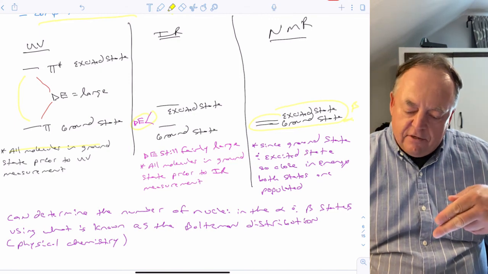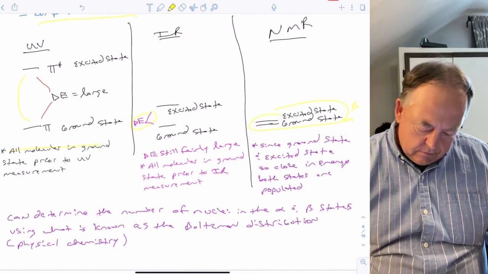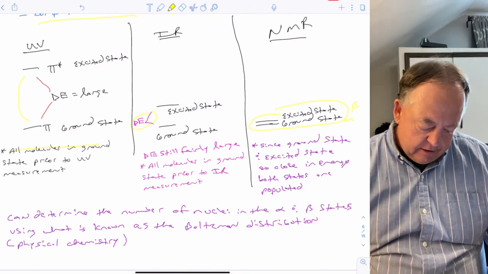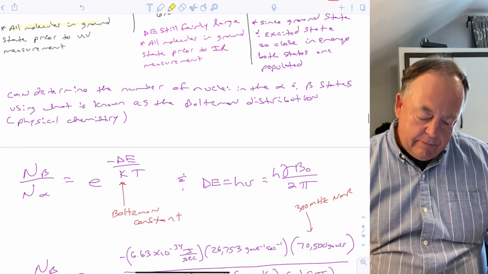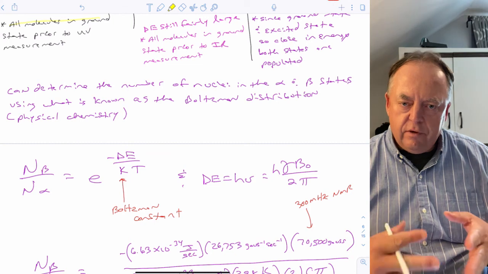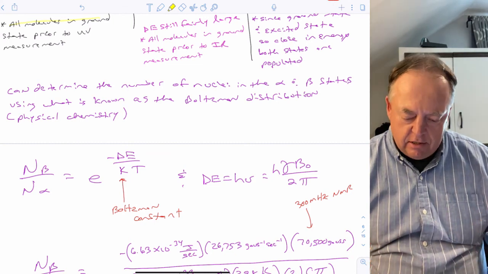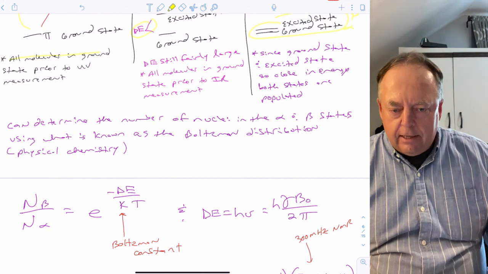There's more in the alpha state than in the beta state, but there's a significant number in the beta state. And we're going to calculate that, to show you just how many nuclei are actually in the excited state, even without the radio frequency radiation. They're just naturally in the excited state because the energy difference between ground state and excited state is so small.